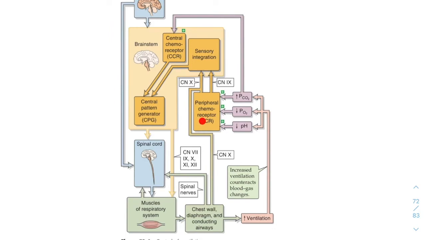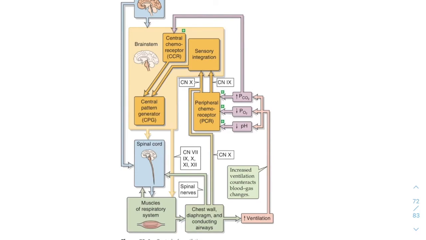Okay, so once your peripheral chemoreceptors and your central chemoreceptors are stimulated, they will send signals to your central pattern generator, which is found in your medulla and pons.